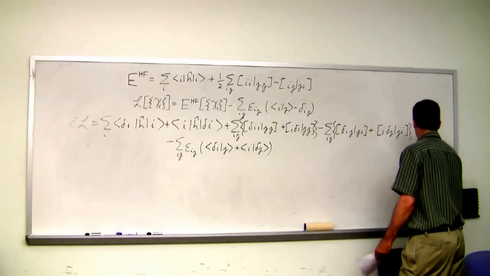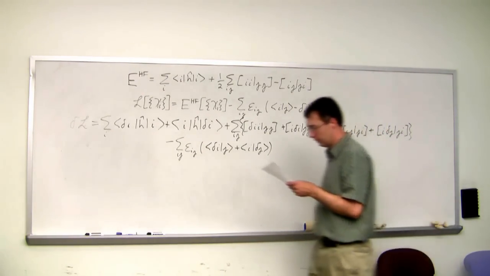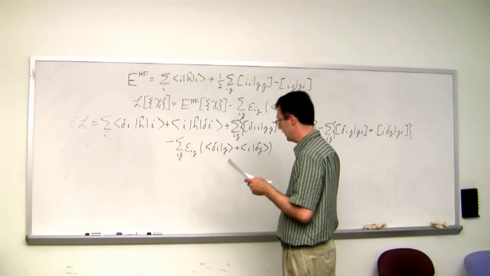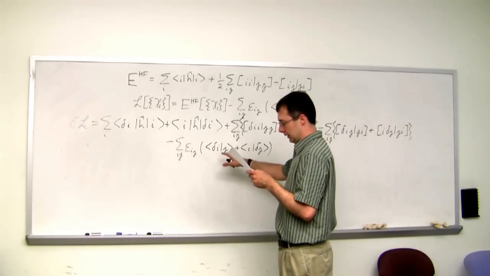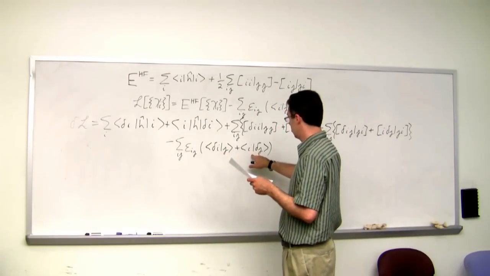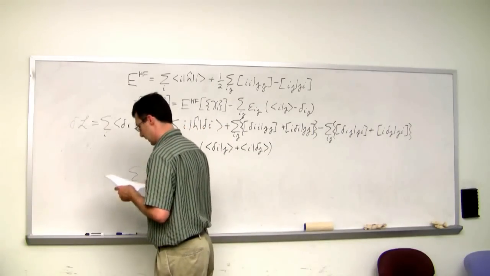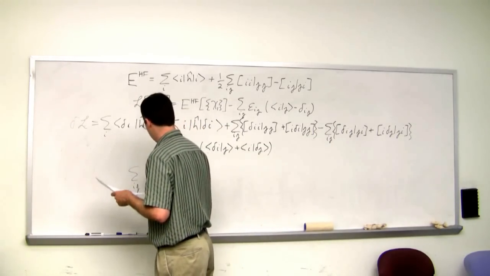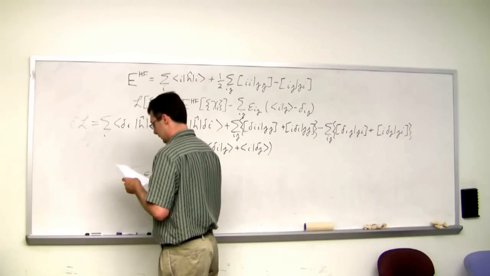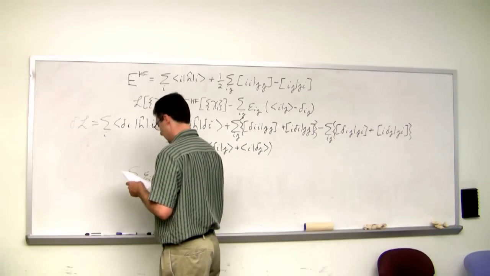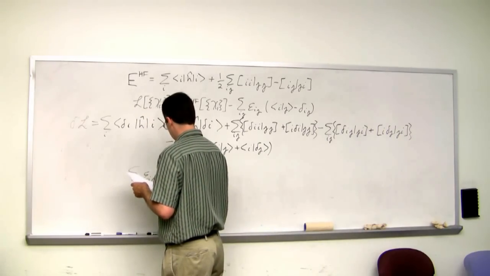All right, what I'm going to do is take some complex conjugates. Let me take this piece. Let's play with that. Sum over ij, there's a minus sign in front, but let's not worry about that right now. Epsilon ij, i delta j.